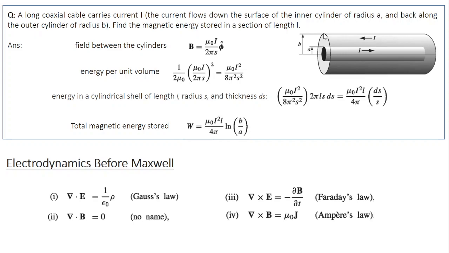It's nothing but an integration of this expression from lower limit a to upper limit b. If you do this math, you get the total magnetic energy stored between these two cylinders as mu naught I square L over 4 pi ln b by a.